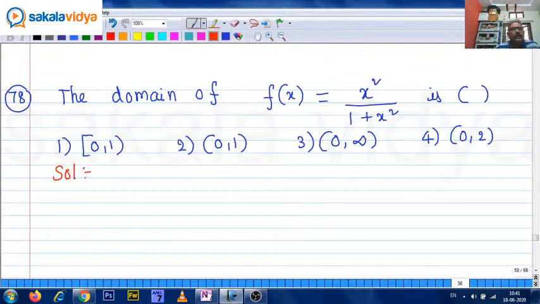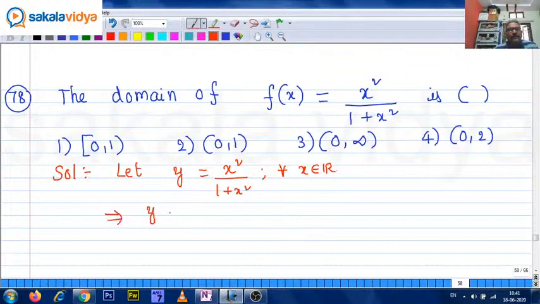Solution. Let us say y equals to x square upon 1 plus x square for every x belongs to R, real numbers. Cross multiplication, we get y into 1 plus x square equals to x square.